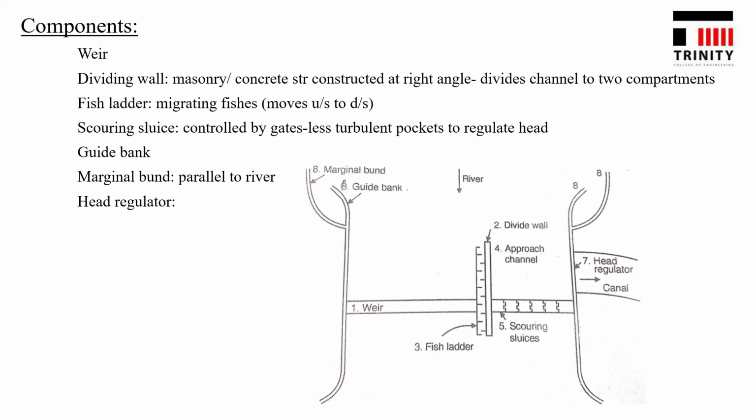Now, the scouring sluice is a less turbulent pocket, which is fully controlled by gates. It helps in removing the silt. Now, the guide bank is provided to guide the river, and the marginal bund is provided parallel to the river. Head regulators are provided to control the flow of water at the head.